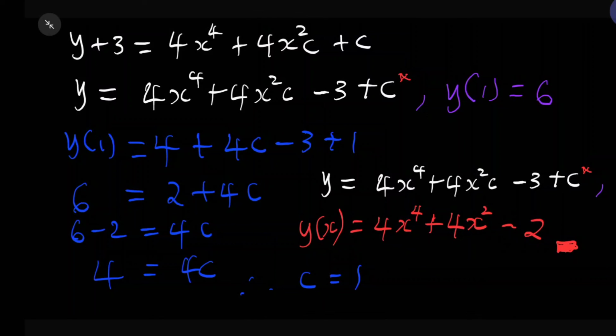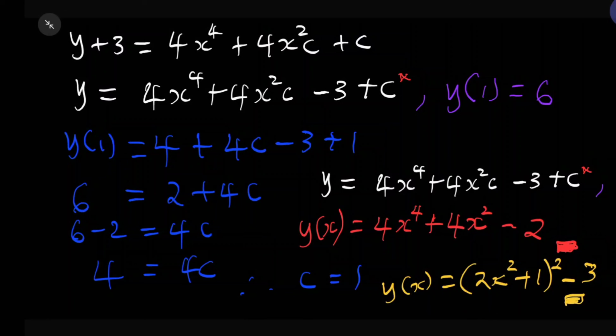You can factorize, and when you factorize, you would have this, plus 1, minus 3. So either way, whichever one you choose would give you the correct answer to this problem. If you expand this, you are sure to have this expression. They are equal to each other.